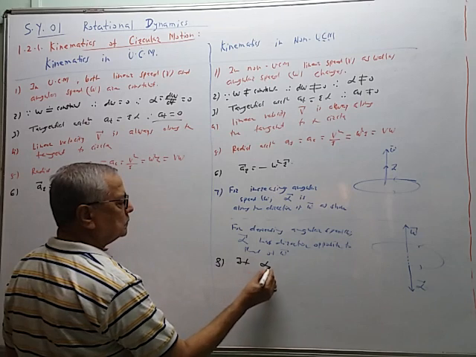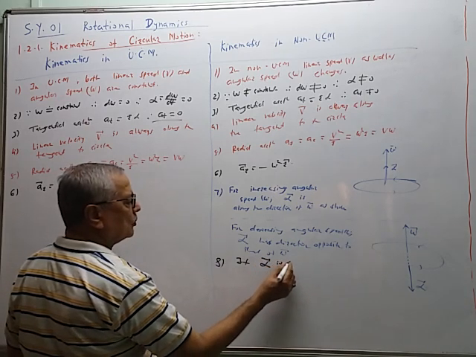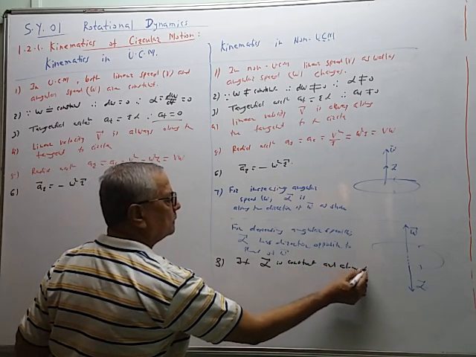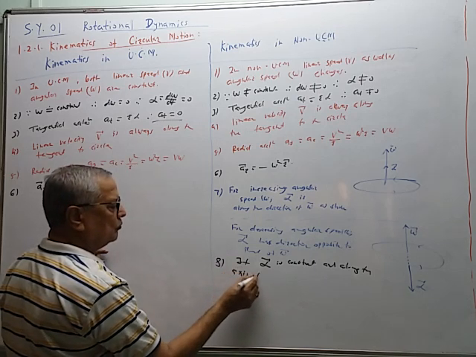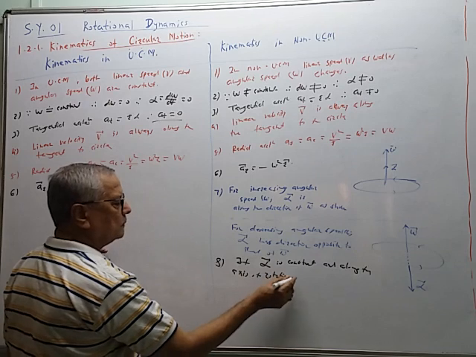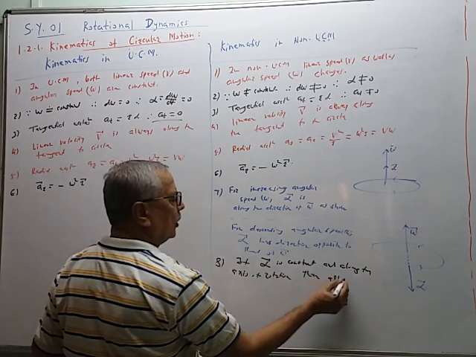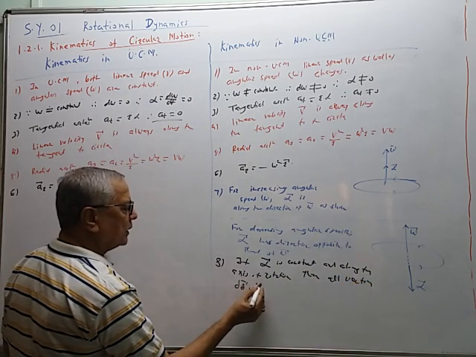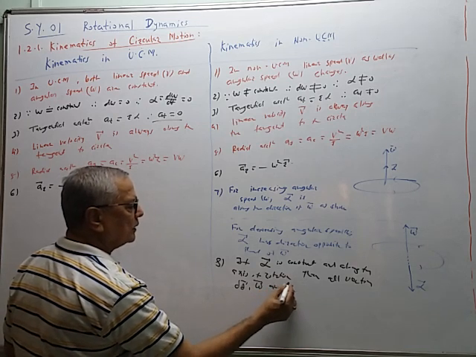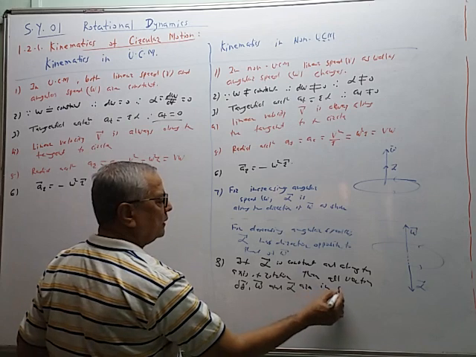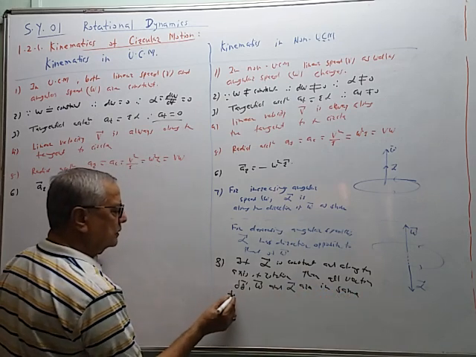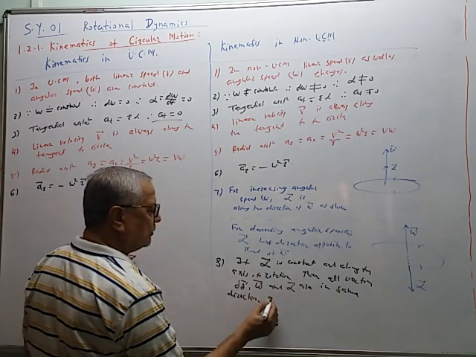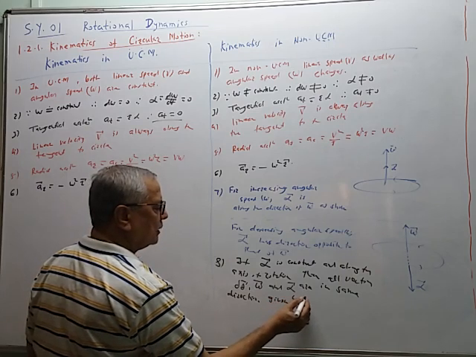If alpha is constant in magnitude and direction, and along the axis of rotation, then all vectors delta theta, omega and alpha are in same direction, given by right hand rule.